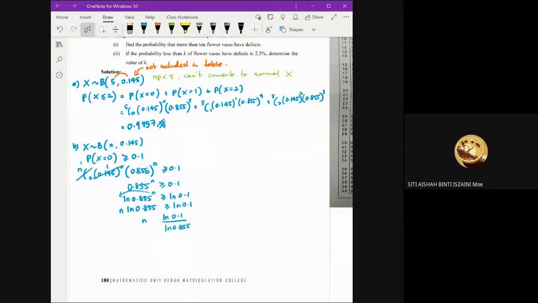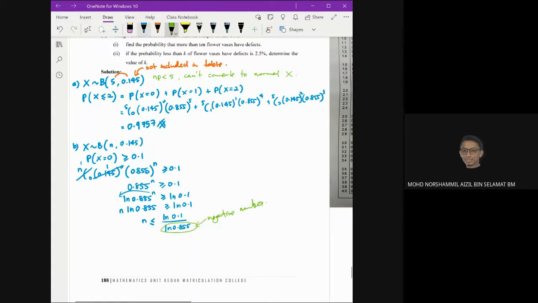Tukar. Kenapa kena tukar? Sebab bahagi. Sebab ln tu adalah negative number. Sebenarnya benda ni adalah negative number. Okay. Bila negative number ni kita bahagi ataupun darab, simbol kena ubah.